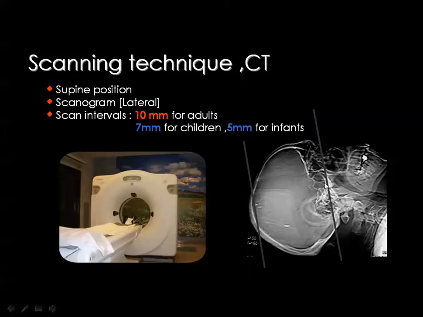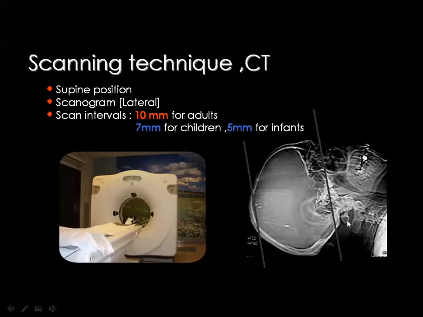And we usually align the baseline to the orbitomeatal line, which is the radiographic baseline of the skull. And if we adjusted this line to the orbitomeatal line, we'll see the anatomy I will explain in a minute. But if the angle is not that performed, some of the anatomic details will not appear, as I will explain now.